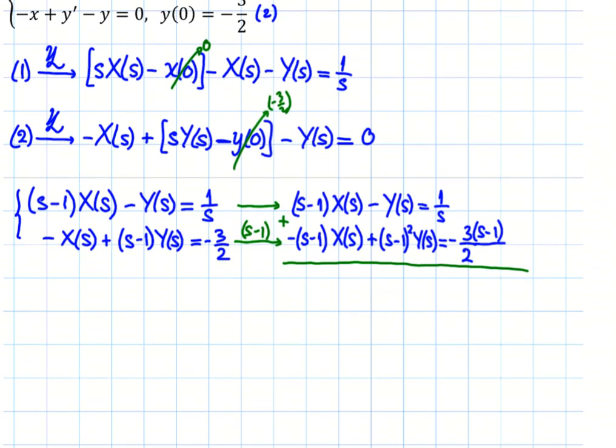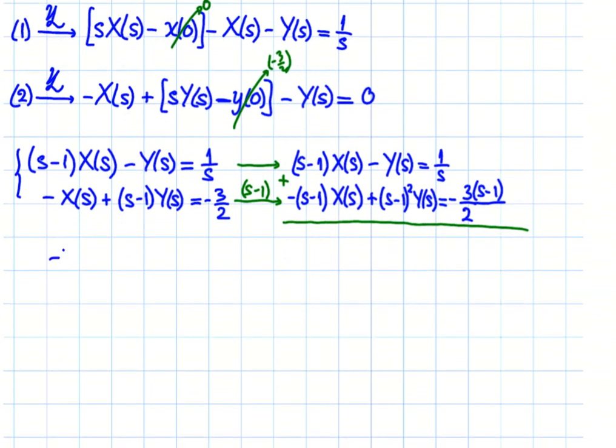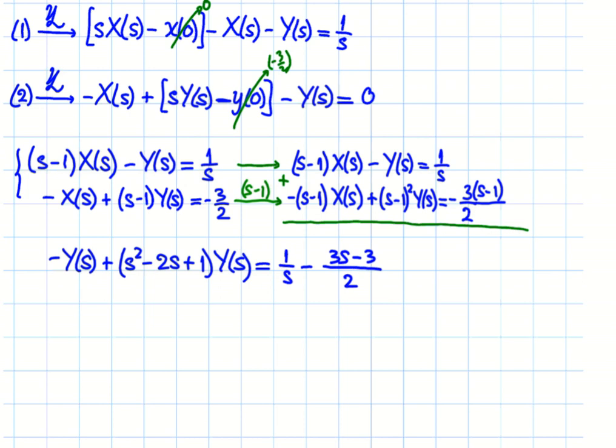X(s) will cancel out, so we just have negative Y(s) plus (s minus 1) squared. I can just say (s squared minus 2s plus 1) Y(s) equals 1 over s minus 3(s minus 1) over 2.